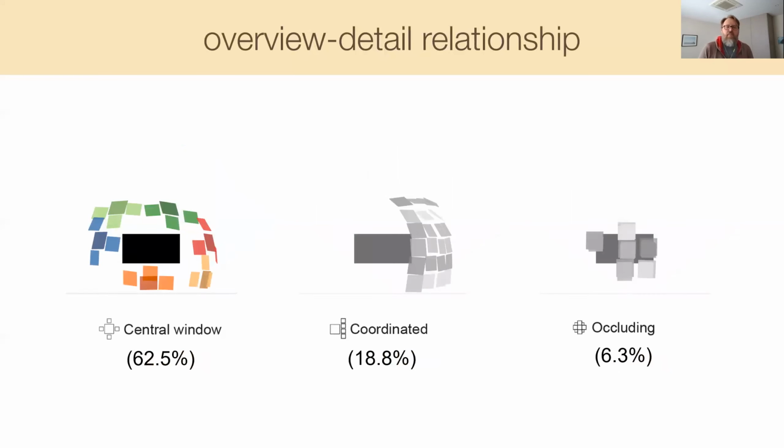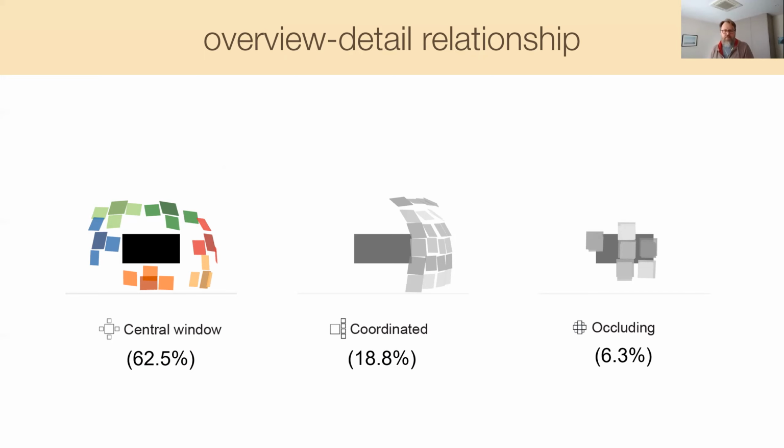He also found some interesting patterns in what he called overview-detail relationships. Again, you had this main overview map and all of these different views. Some people put them in a central window configuration. Other people created what he called a coordinated layout: you have the overview on one side, and then all of the maps in rows or some pattern off to the side.